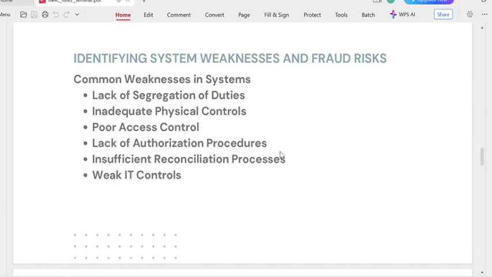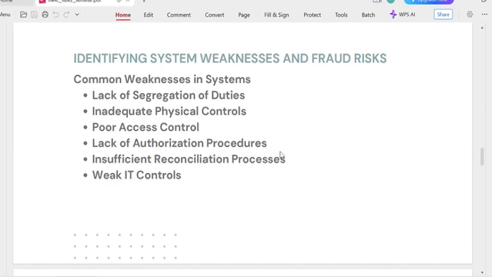Let's talk about that. If you have access to the financial system of the company, what can you do? You can initiate a fake transaction. You can make a fake invoice and pay yourself.